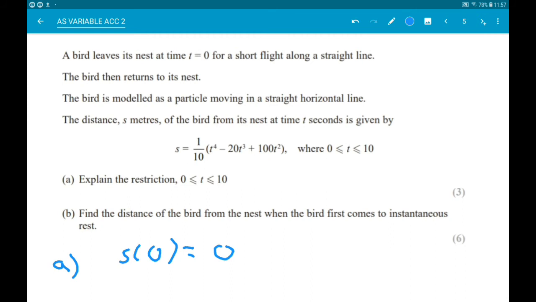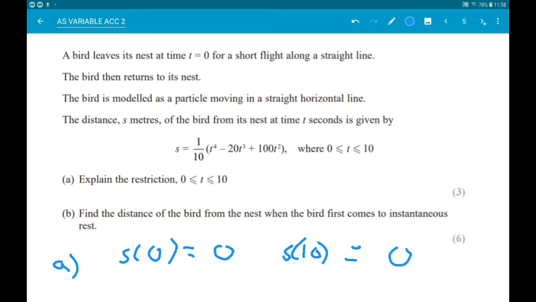Now let's do it with 10. So s of 10 you should also get as 0. Again, not really telling us anything we didn't know because we know the bird flies back to its nest.